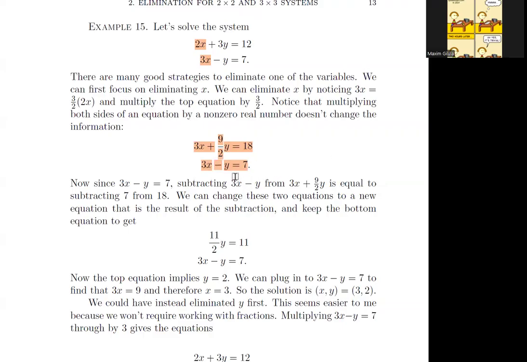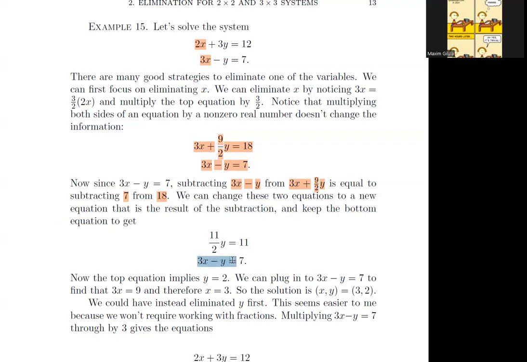But now both of them have 3x. So we could subtract one of the equations from the other one. So for example, subtracting 3x minus y from 3x plus 9 halves y. And that's the same thing as subtracting the right-hand side, so it's the same as subtracting 7 from 18. So we could do that on both sides. So we could change these two equations to a new equation, that's the result of the subtraction, and keep the bottom equation.